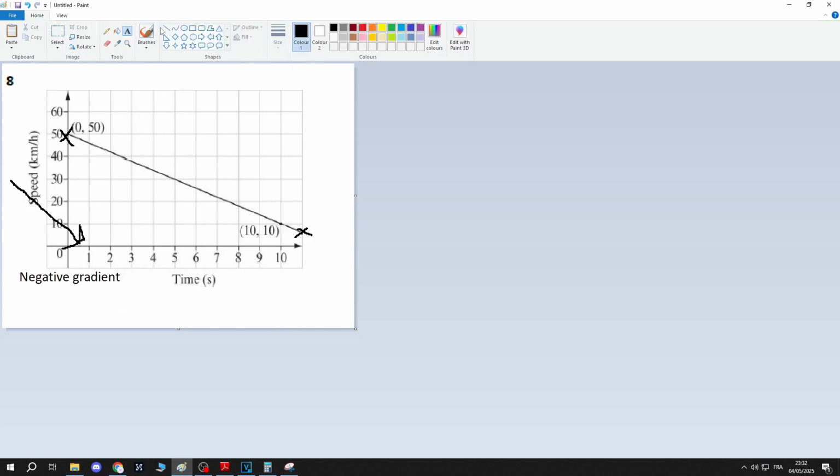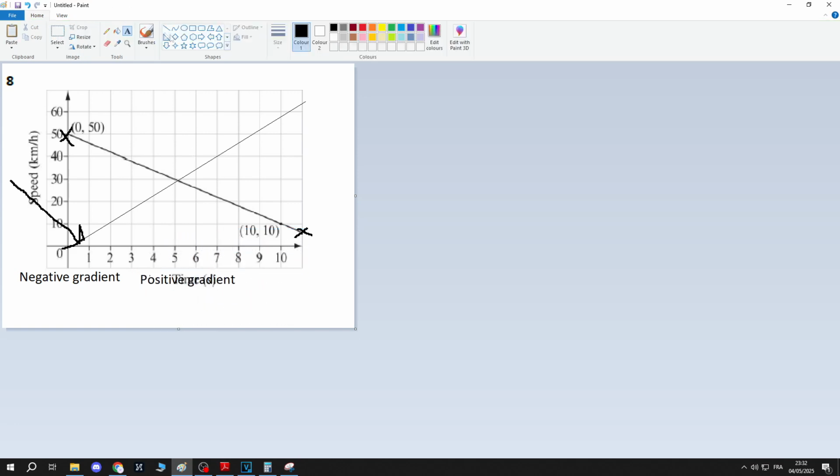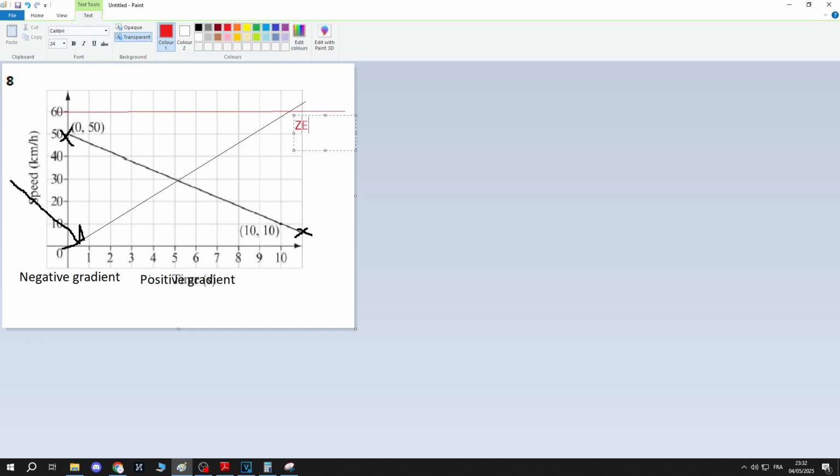If a line, for example, let's draw another line on this graph, is going upwards, if it's sloping upwards, we call it a positive gradient. And if a line is completely horizontal, just like this red line, we will call it a zero gradient. All right?